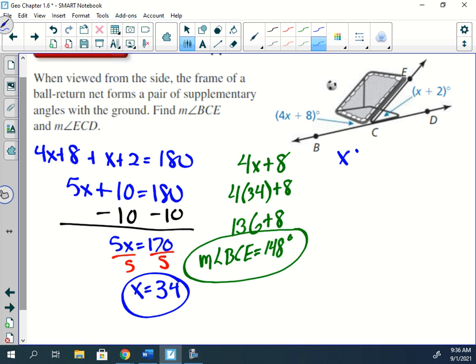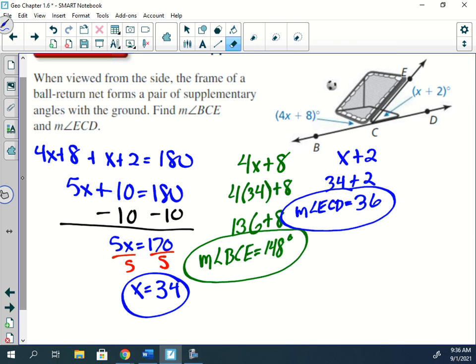Now the other one is x plus 2. 34 plus 2 is, and this here is going to be the measure of angle ECD. And you're right, that is not 148. That should be 144. Yeah, Tanner, it was 144.